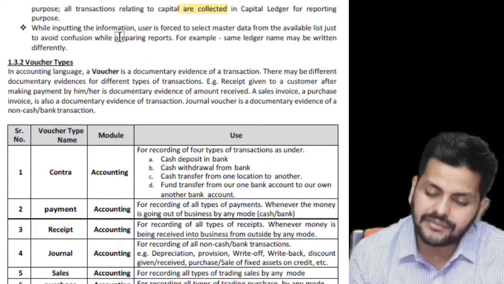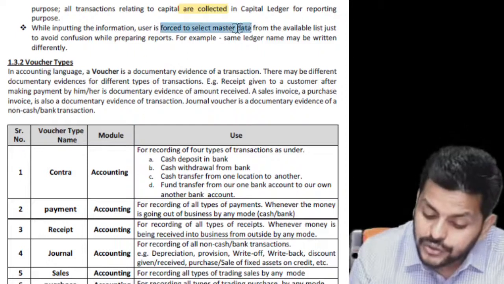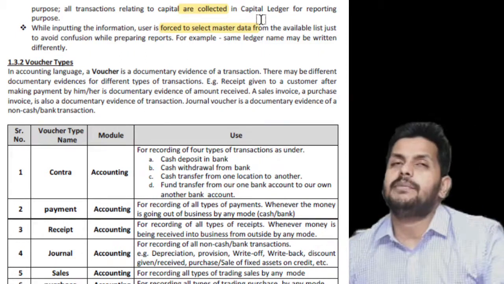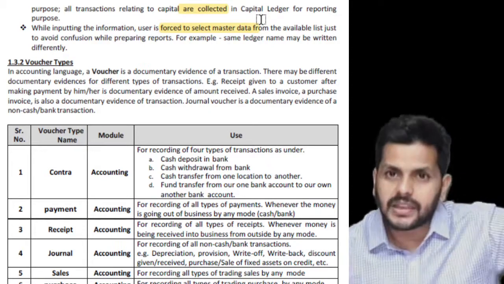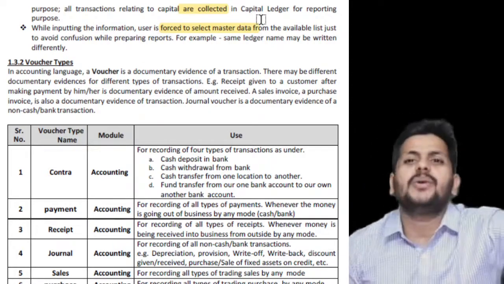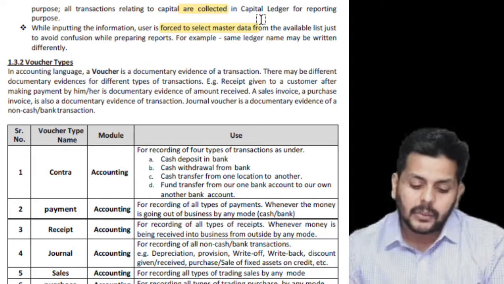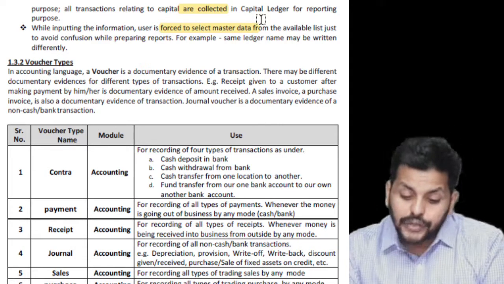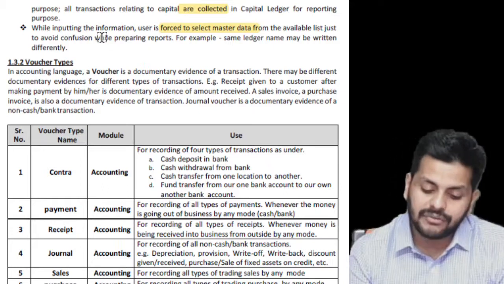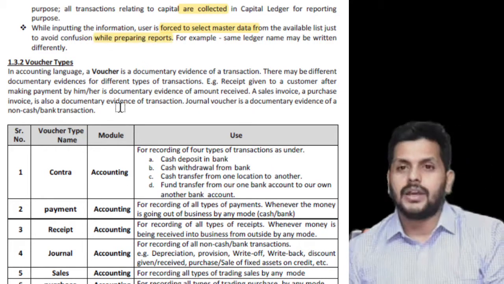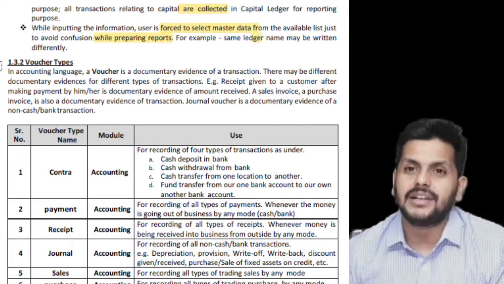While inputting the information, the user is forced to select the master data from the available list so that you don't make mistakes. Then you don't tag the wrong page, or end up with anything funny. It is also to avoid confusion while preparing reports, because the same ledger name may be written differently.